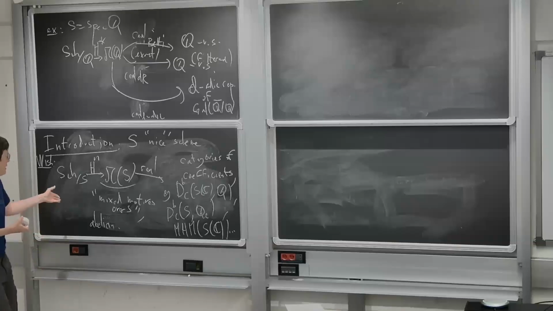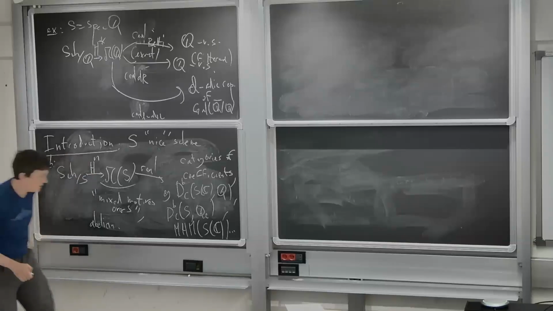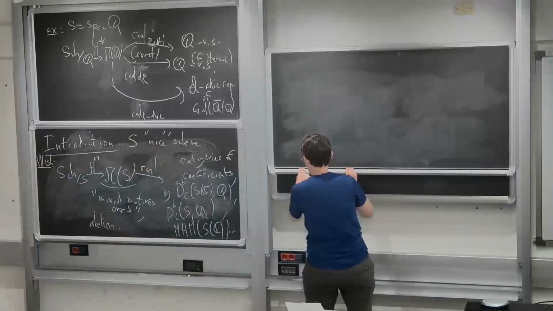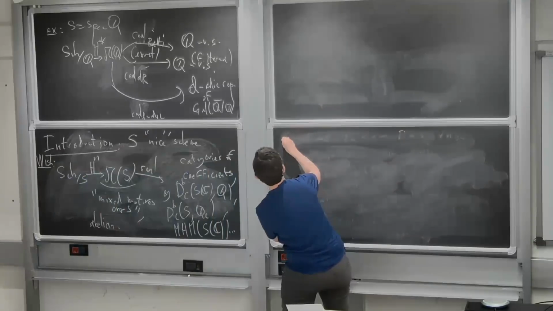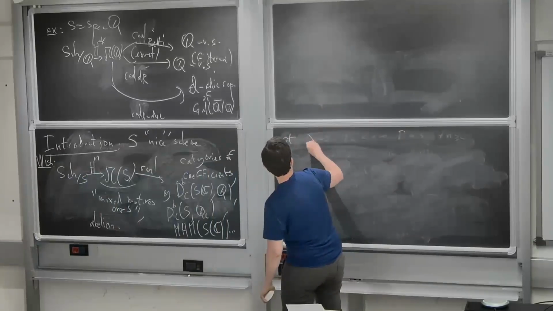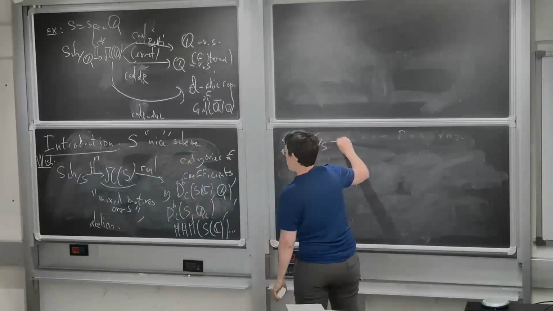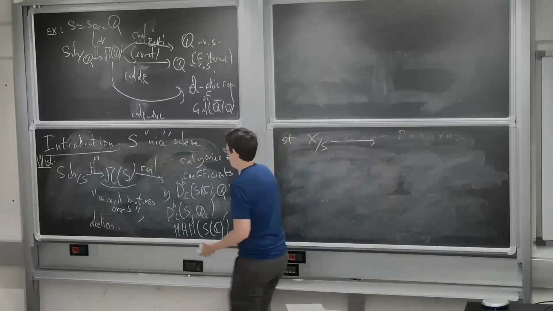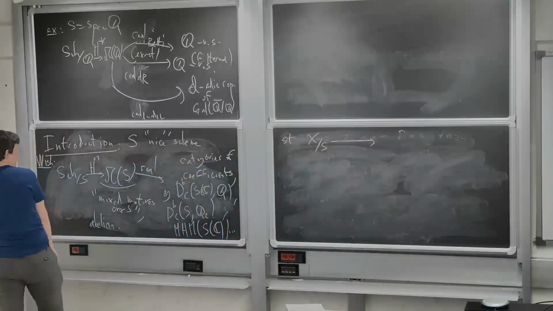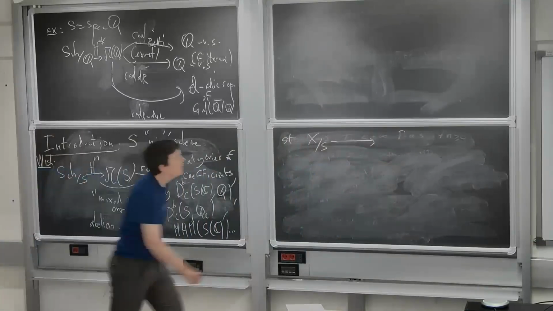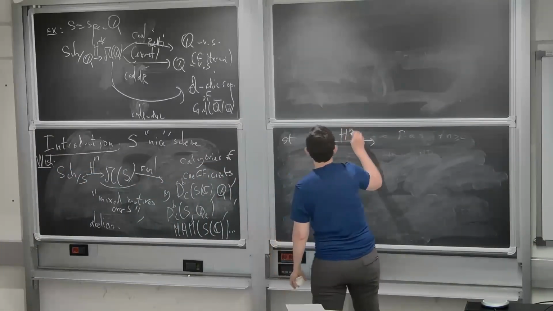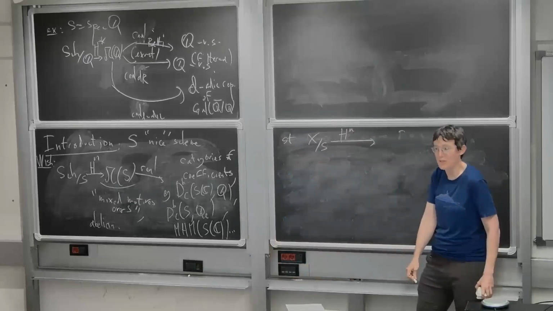Okay. And then when you compose this, if I have X over S with a morphism f, I'll send it to, I'm just hesitating between taking just H^n or taking H star. It doesn't really matter.